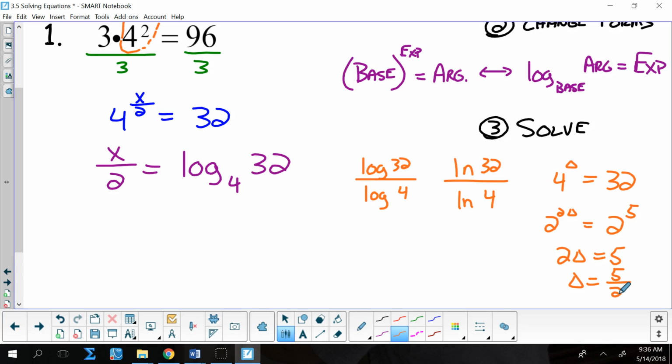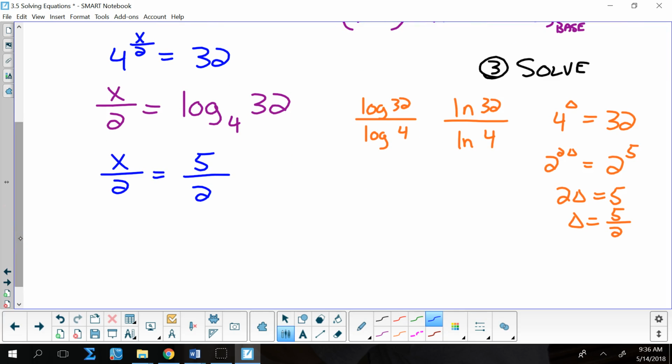But the change of base formula works in all cases. So this is x over 2 equals 5/2. I need to multiply both sides by 2, and I get x equals 5 as my answer.